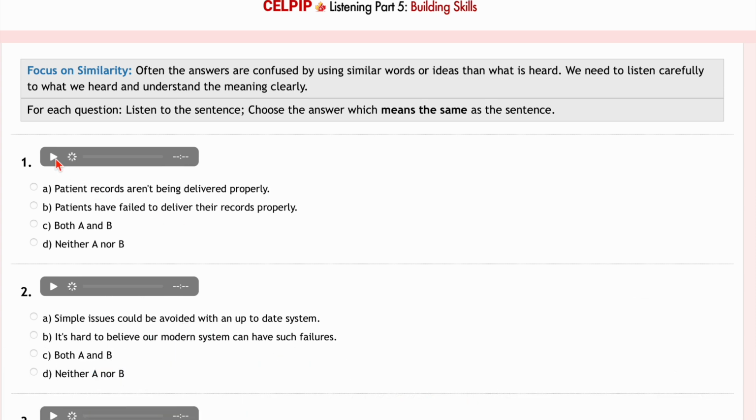You listen to this one here. I would really like to know what's making it difficult to get proper patient records when we need them. I would really like. And then you read the possible answer choices. Is A the same meaning, or B the same meaning, or both A and B have the same meaning, or neither A nor B? Very good practice for comprehension, everyone. Strongly recommend that one.